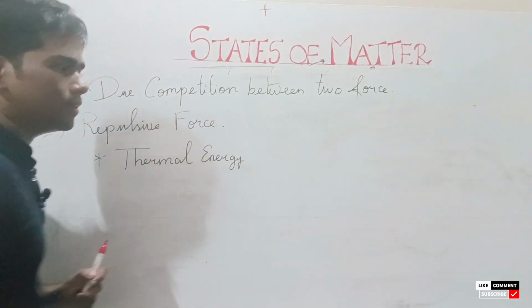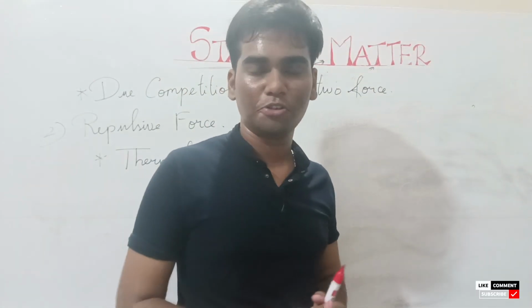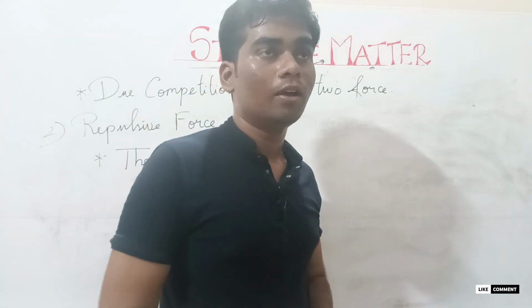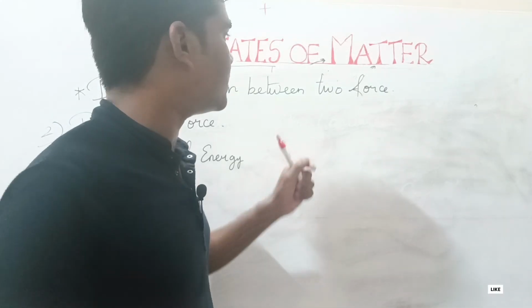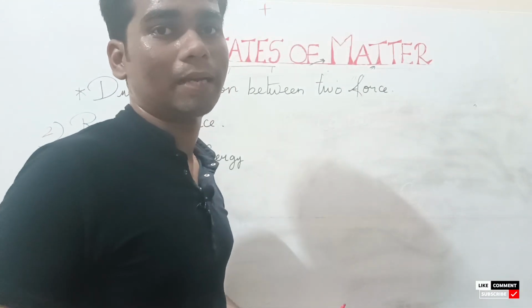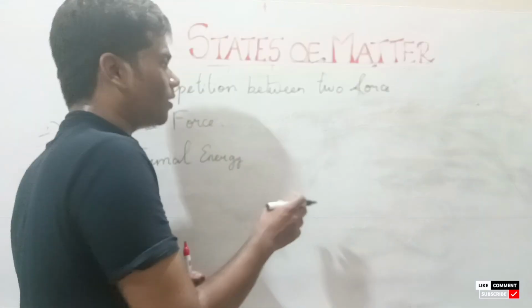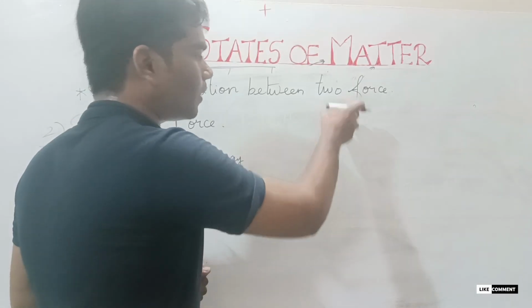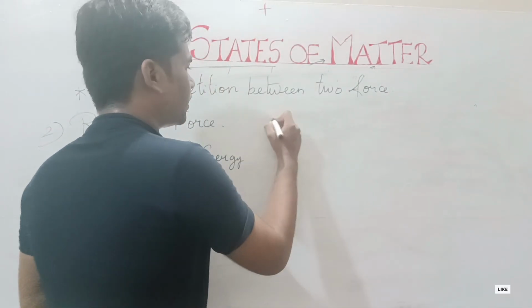To understand this, you should know an equation known as the kinetic equation of gases. You may be wondering how that equation came. Don't worry, in the second or third part of this lesson, I will teach you in detail how that equation came. For now, just understand or memorize that equation. I will write it here.